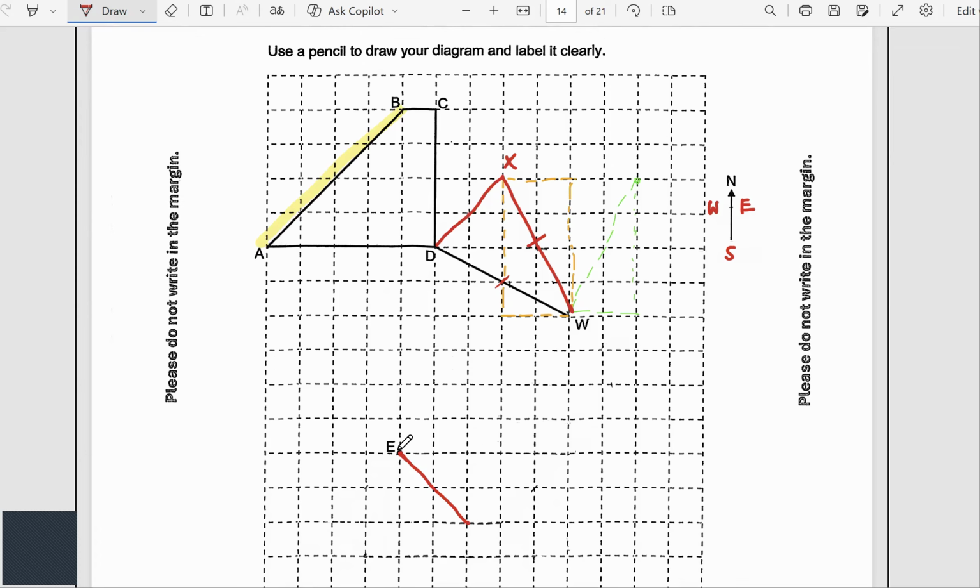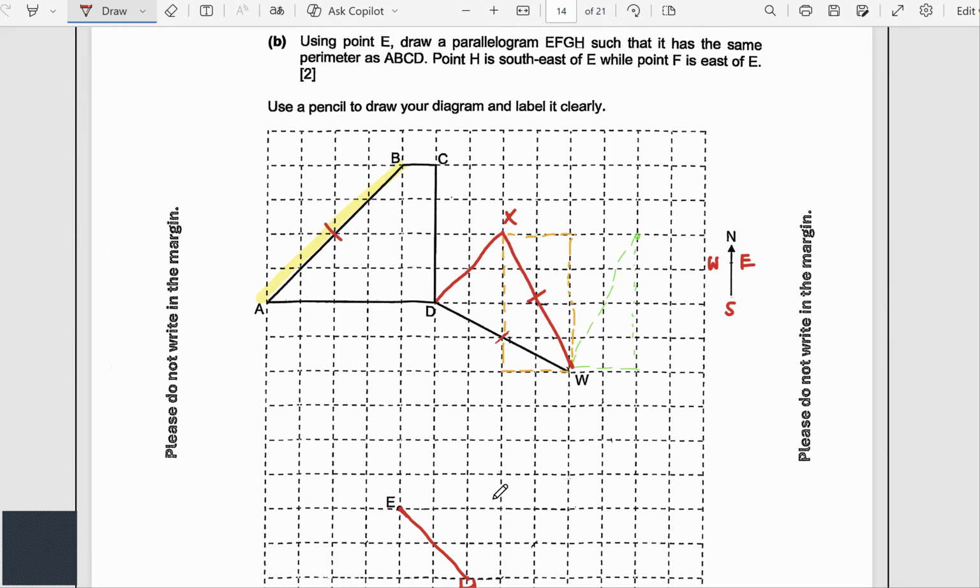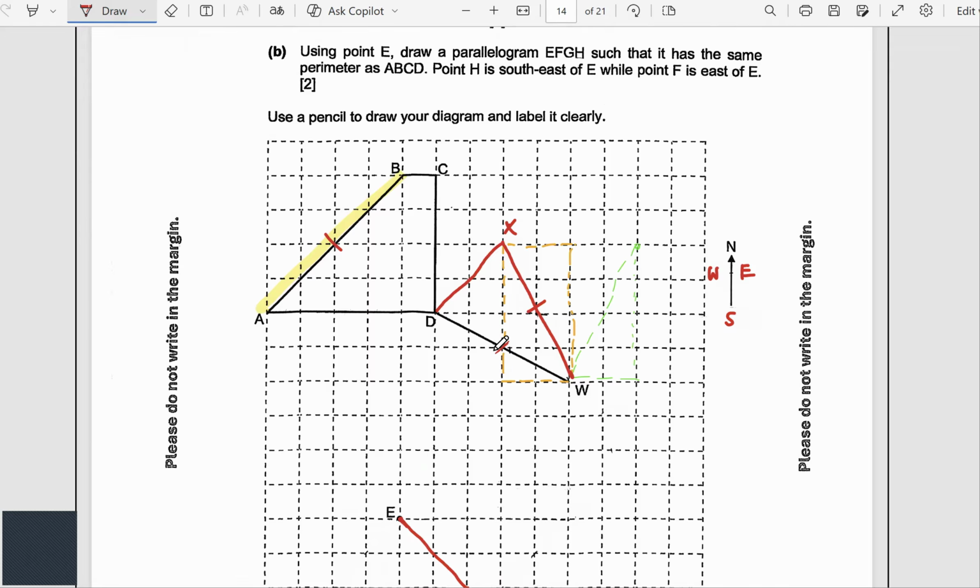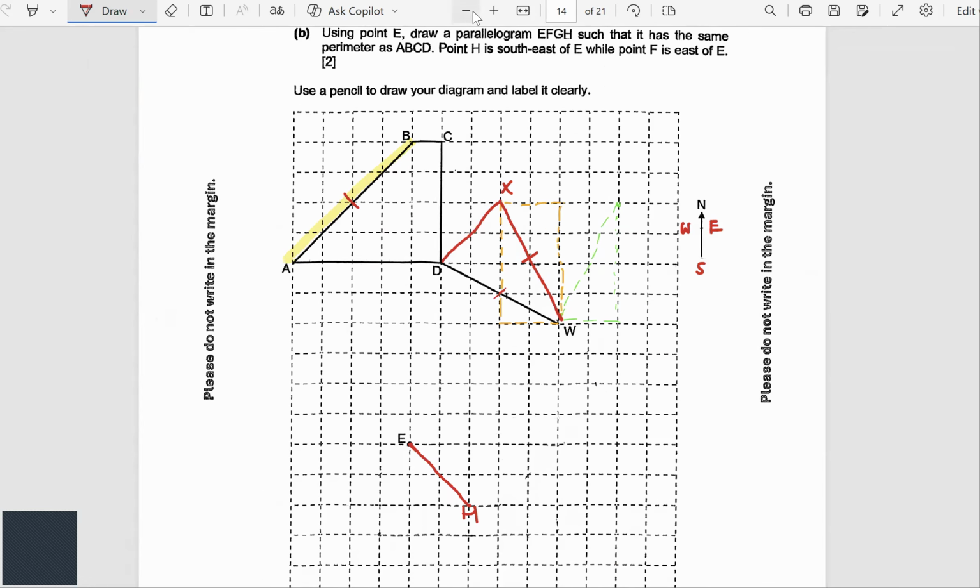So each diagonal is only two parts. Okay, good. So you cut this into half. Okay, so this is E, H. H is southeast of E.